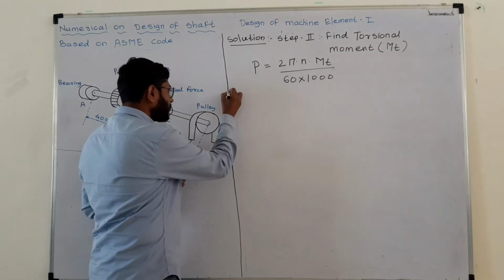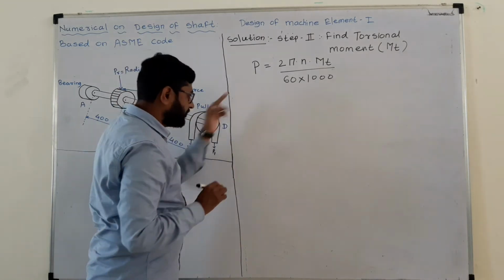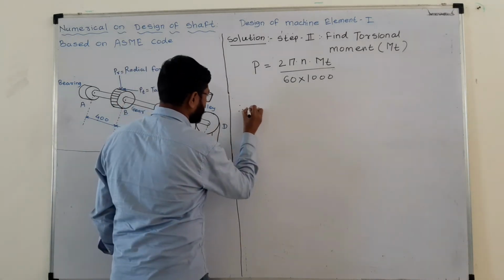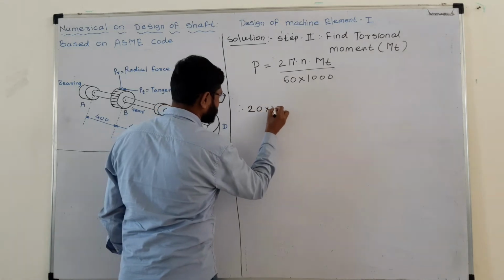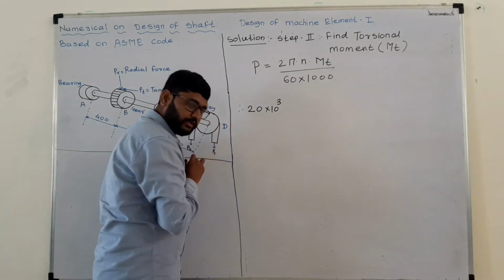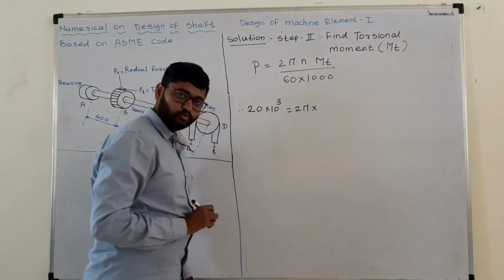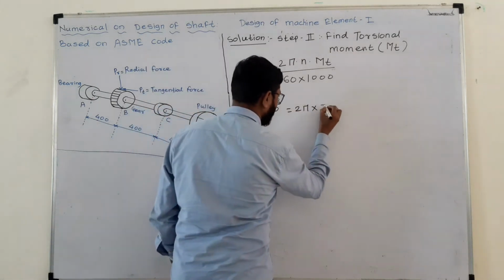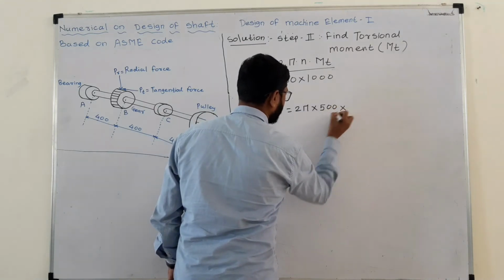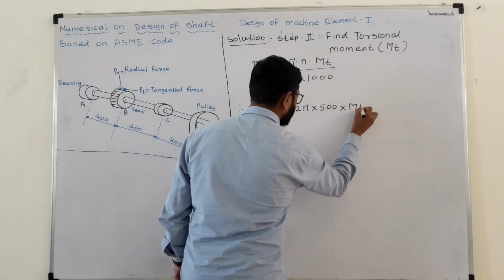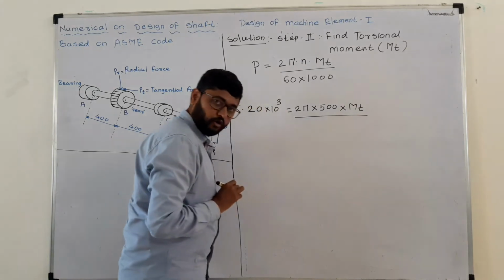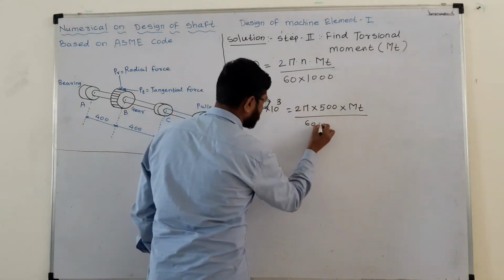So in this numerical, power P is given as 20 kilowatt, that is 20 into 10 raised to 3 equal to 2 pi into speed, given as 500, into M suffix T upon 60 into 1000.